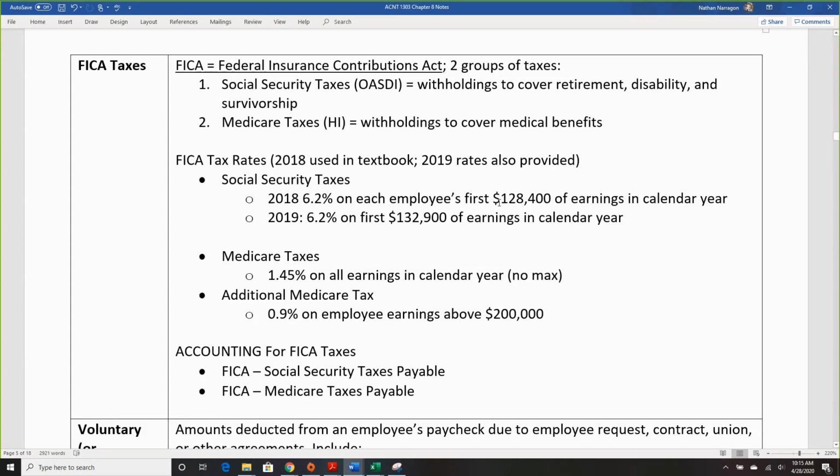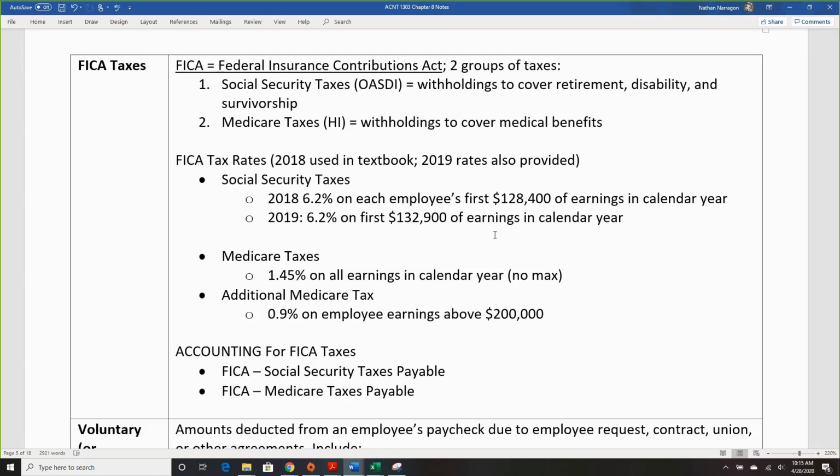These items, again, help you out on knowing what the limits are. Always keep a check of this, okay? Because it does change. But as of 2019, it was 6.2% on the first $132,900 of earnings that you made.